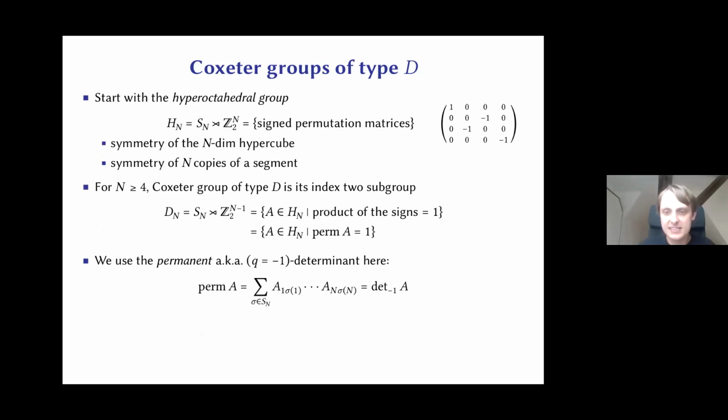But this is not what we are doing in the quantum case, because this is impossible to do in the free case, as there's no free version of the determinant. If you take the free hyperoctahedral group, it has no one-dimensional representation. So we are not doing the classical thing here.